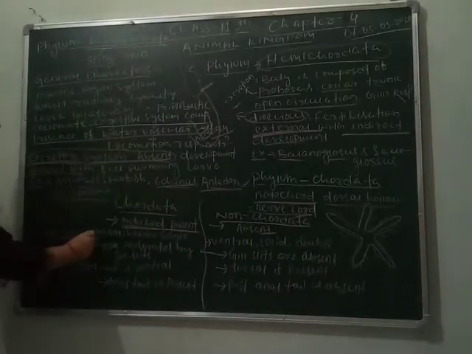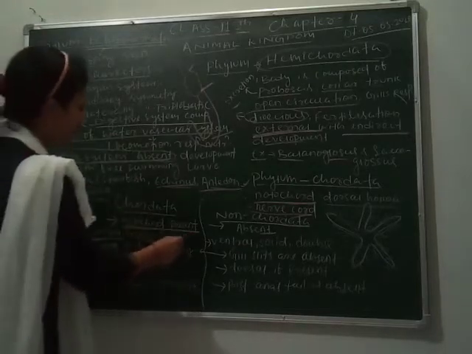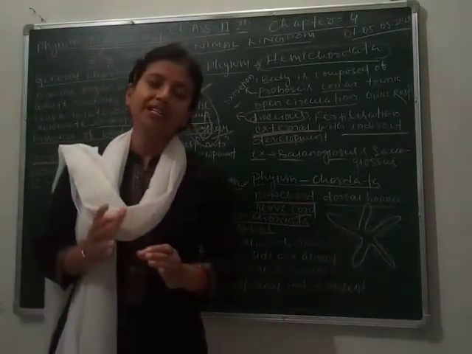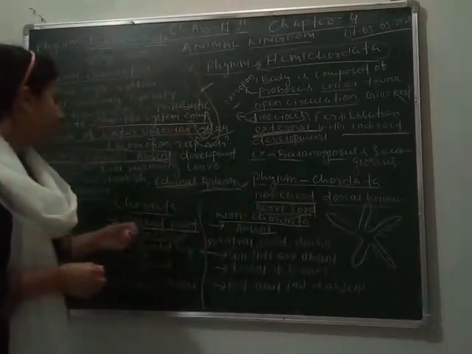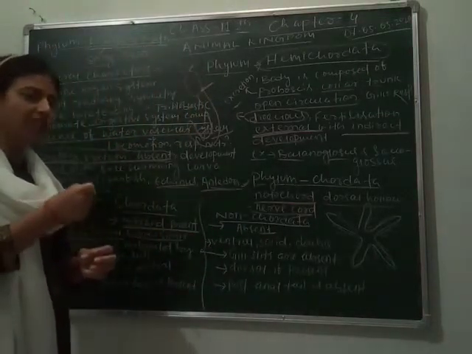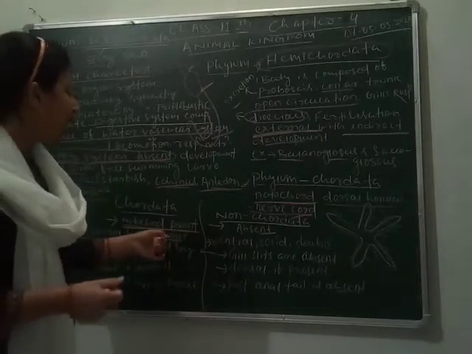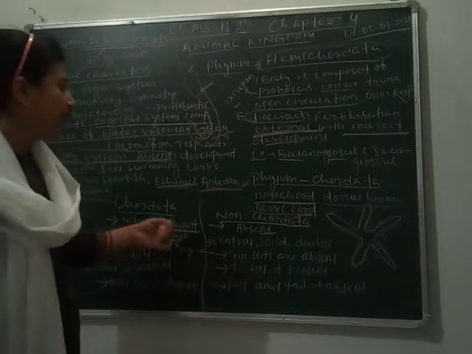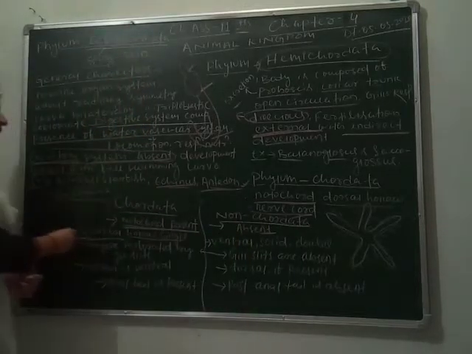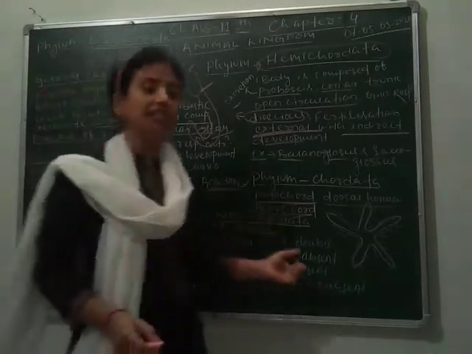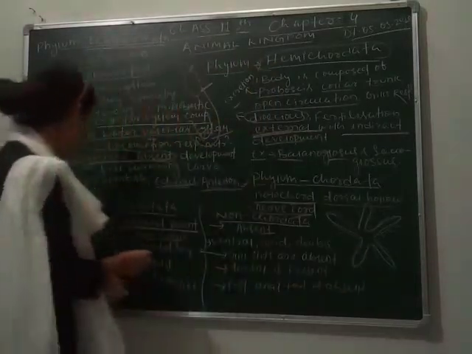The central nervous system is dorsal, hollow and single in chordates. It is found on the dorsal side of the body, hollow meaning having space, and single, only one. But in non-chordates, the CNS is ventral, solid and double.